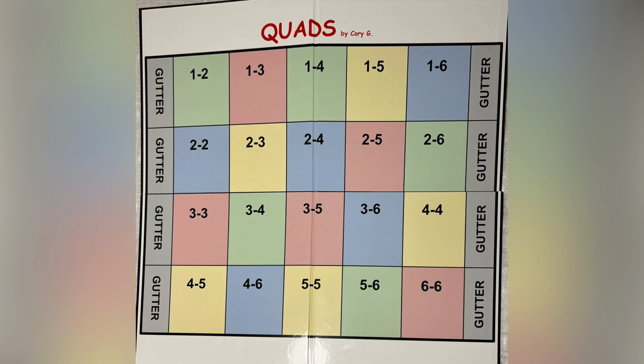Now I know some of you literal thinkers are probably thinking, wait, isn't there actually 36 physical outcomes when rolling 2 six-sided dice? You're not wrong, but for the purpose of the Quads by Cory G board game, we decided to go with the 21 possible combinations if order weren't to matter. We did not include duplicated or reverse dice combinations to change any given combination to another.